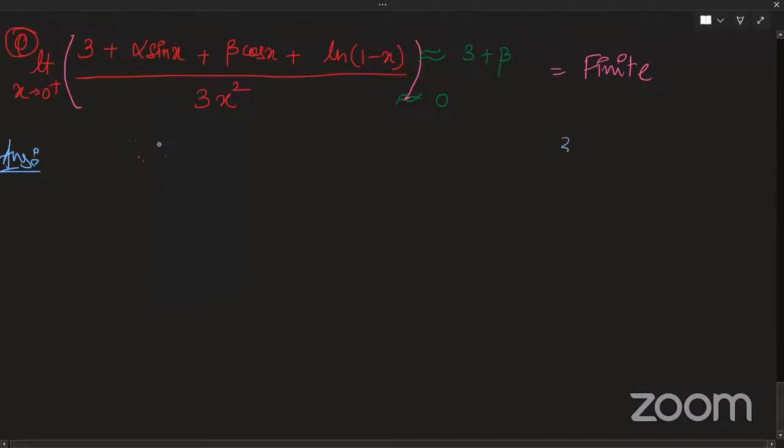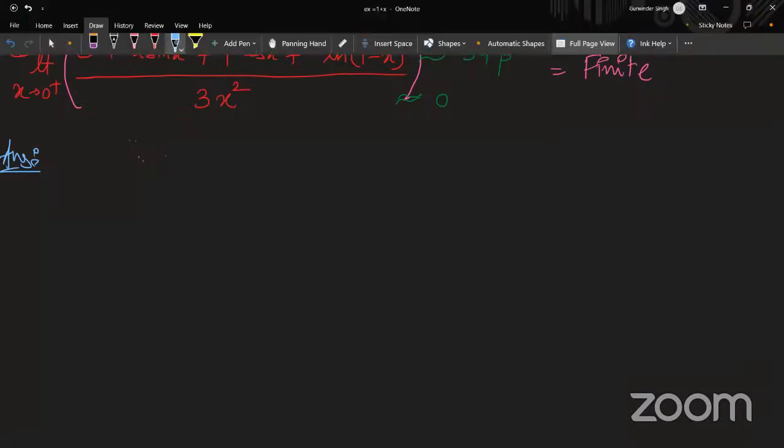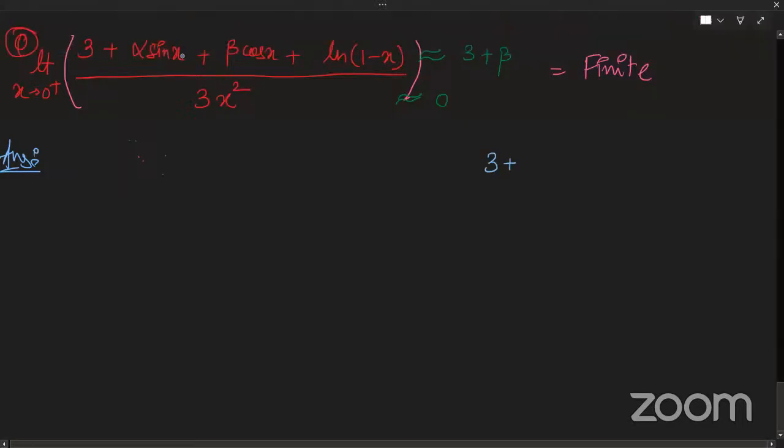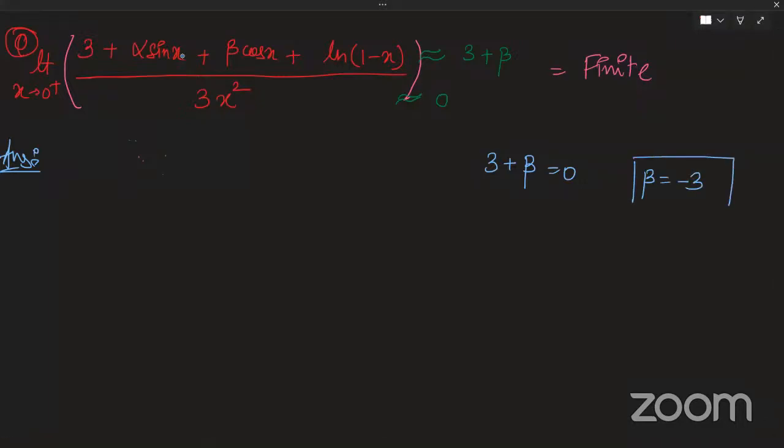What should be the value of 3 plus beta? 0. Great. So what is the value of beta? Minus 3. Great. This is what they were asking in JEE Main 2023. They asked just the value of beta.